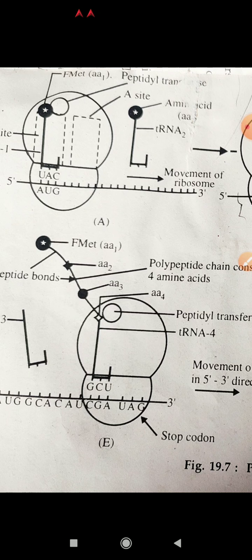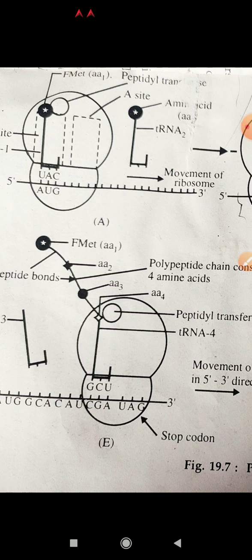This happens when the ribosome reaches a triplet codon which is a stop codon or end codon, present at the 3' end of the mRNA.